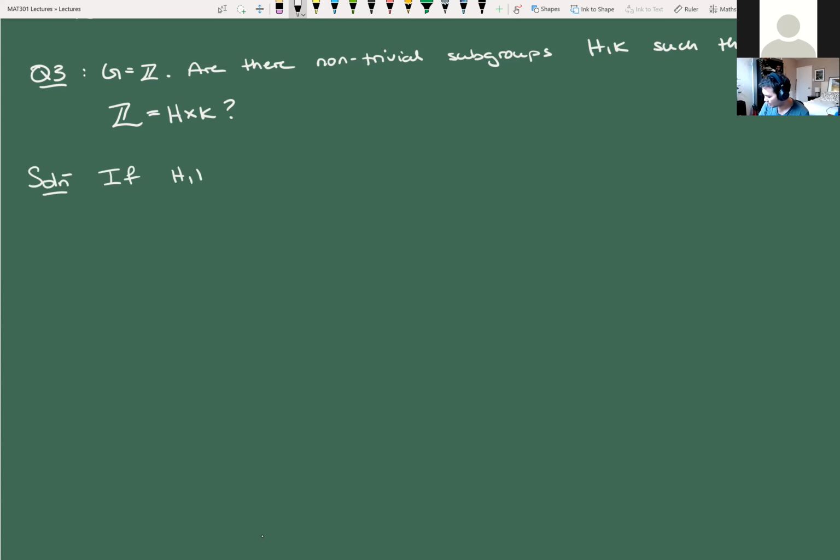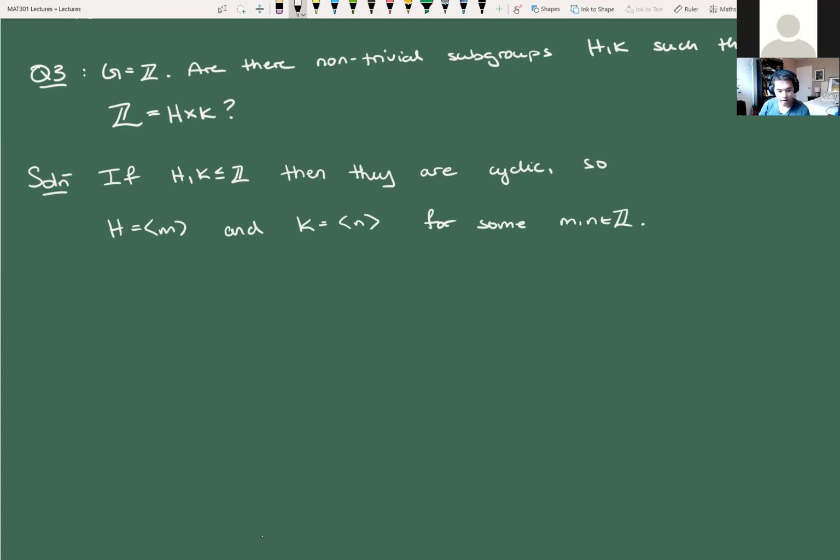if H and K are subgroups of Z, right? And normal because Z is abelian. Z is cyclic, right? And every subgroup of a cyclic group is cyclic. Then they are cyclic. So H is generated by M and K is generated by N for some M and N. Right?